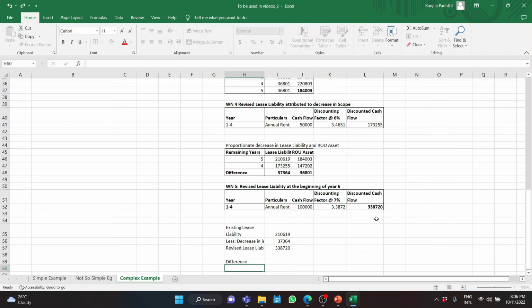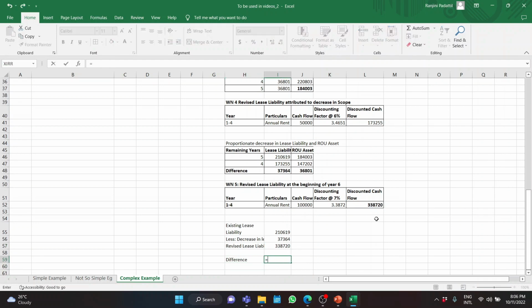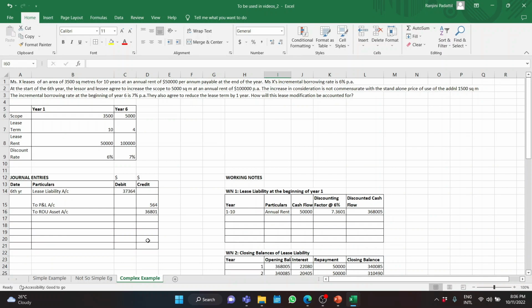So the difference for which you need to pass the accounting entry is 338,720 minus existing lease liability on the date of lease modification less modification on account of decrease in scope. It's 165,465.